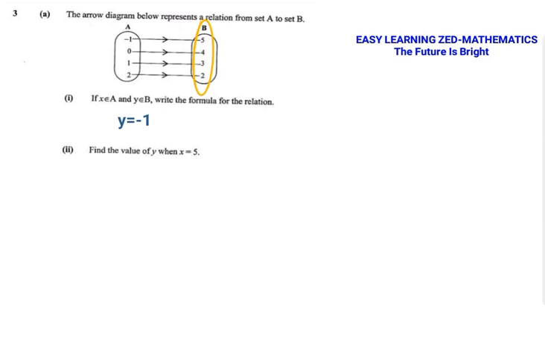Now that we have done that, we're going to write -1x. It's more or less like they are multiplying -1 by the element in A, which is the domain, or x.